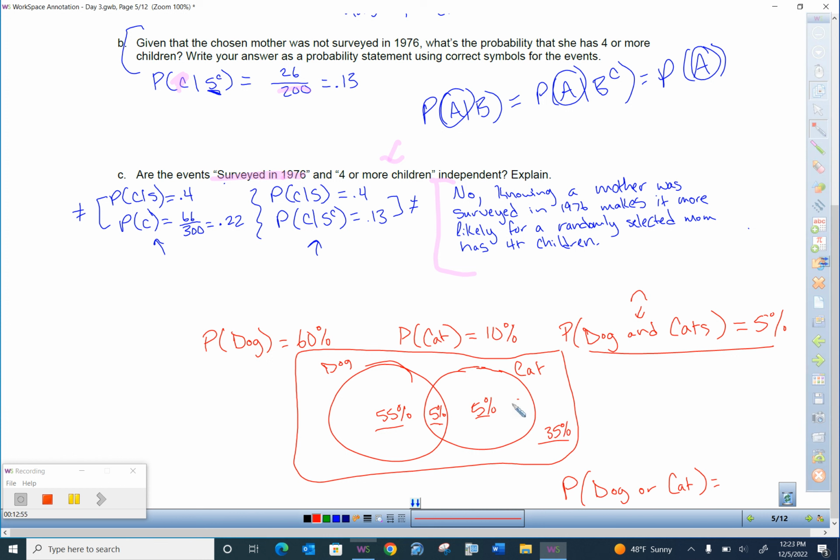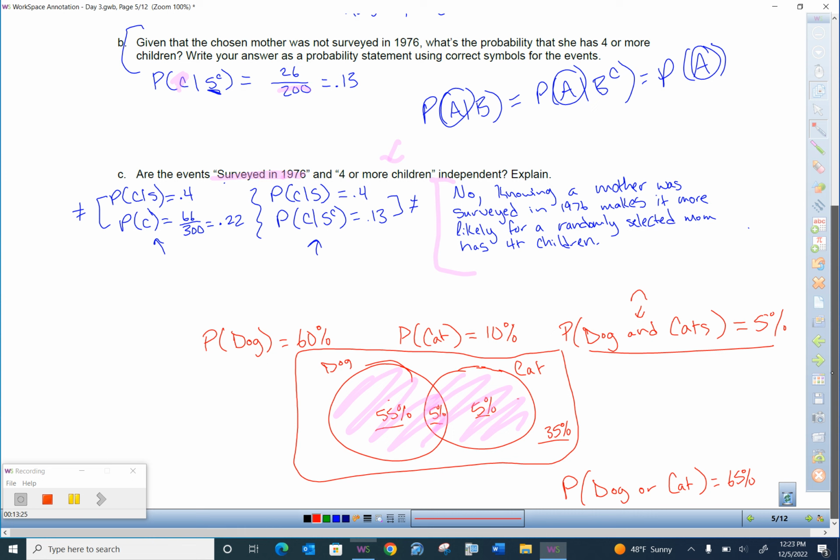Last time when we were working with Venn diagrams, we just had flat numbers, but if the only information we're given is percentages, we're welcome to use percentages or decimals or fractions inside these Venn diagrams. So if we want to find the probability of dog or cat, we're going to take all of dog, all of cat, and everything that's in a shaded region counts. So we just add those three up and we get 65%.